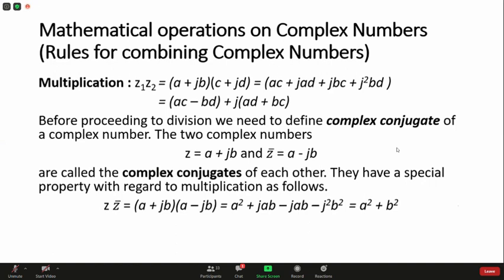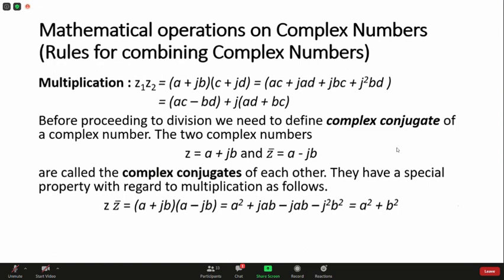Again, you get A squared, minus JAB, plus JAB, then minus J squared B squared. You see the minus JAB and plus JAB are opposites, so that will be cancelled, like minus 2 plus 2, minus 5 plus 5. Minus JAB plus JAB will be cancelled.